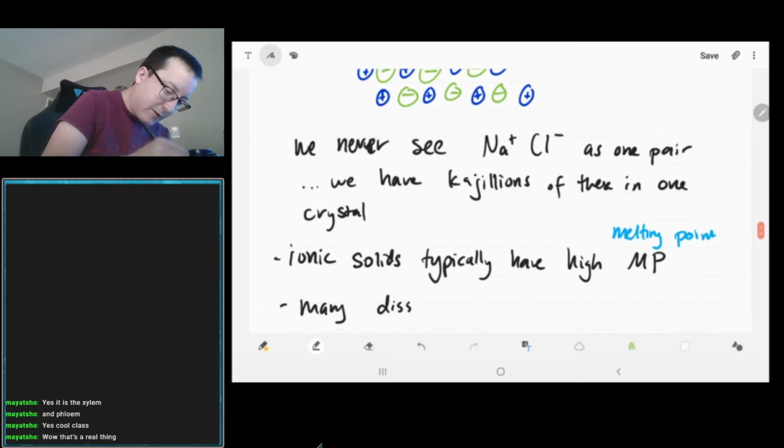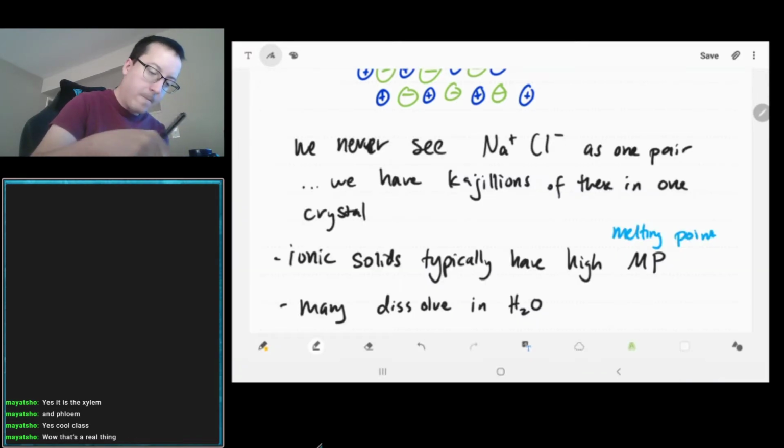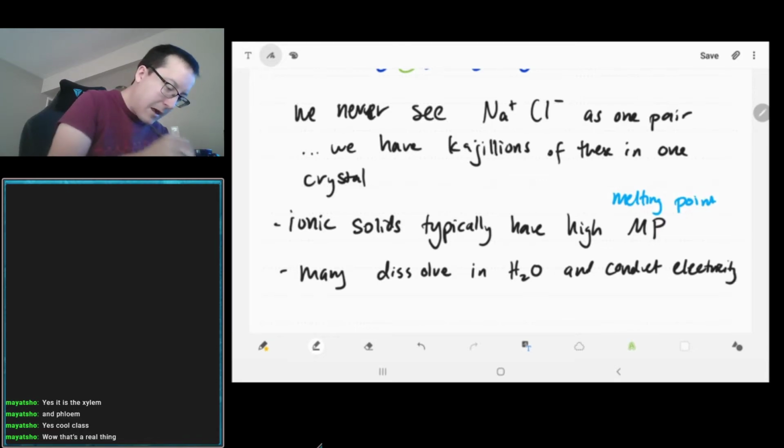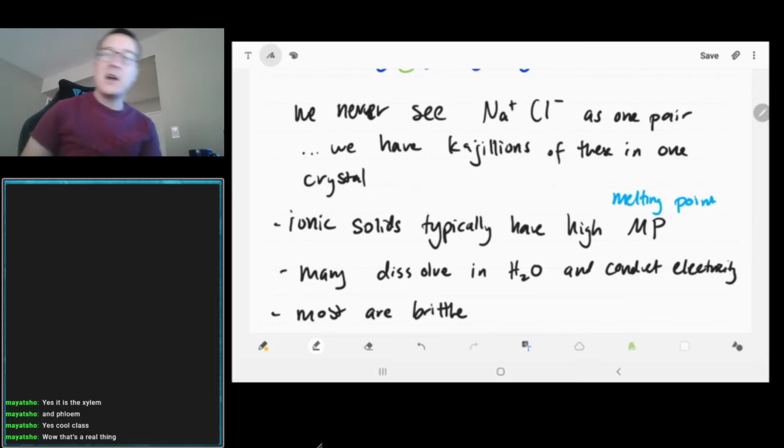Many of these dissolve in water and conduct electricity. And most are pretty brittle. So if you take your salt crystal and smash it with a hammer, it's just going to break apart. You'll make it very powdery.